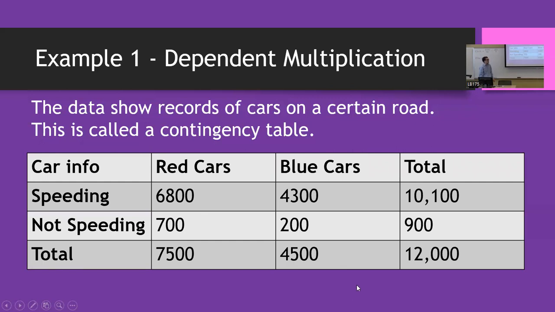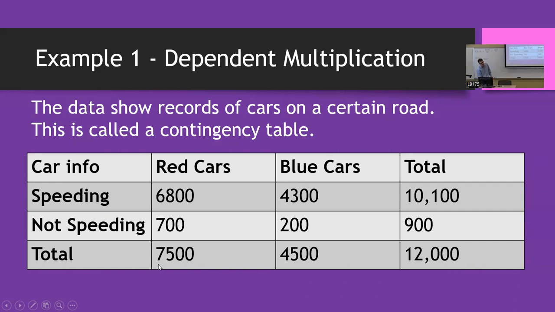If I'm picking out of the entire group, what should be my denominator? Well, my denominator should be 12,000 because I'm picking out of the entire group. You're picking out of the total number of 12,000 cars, right?